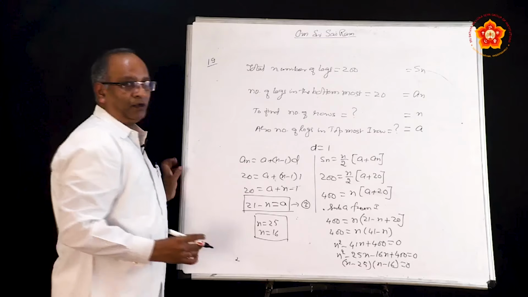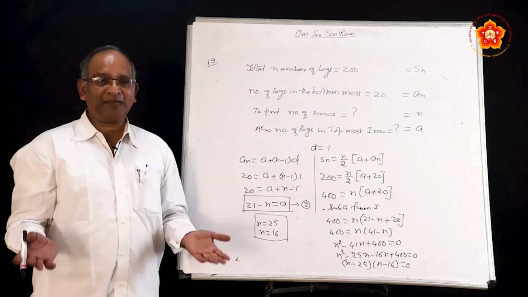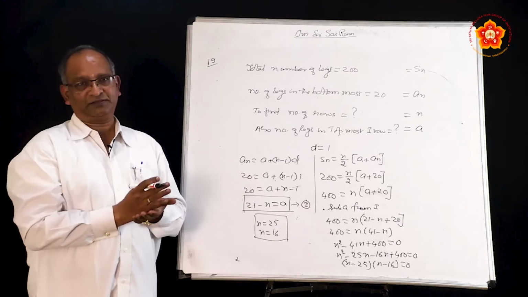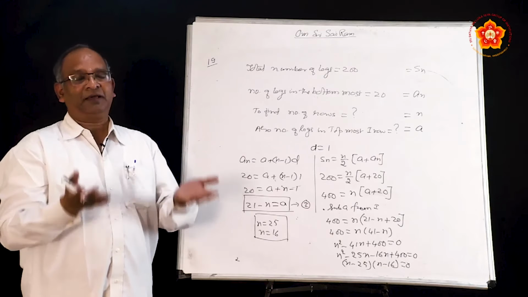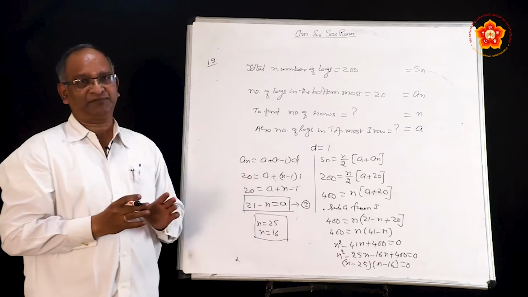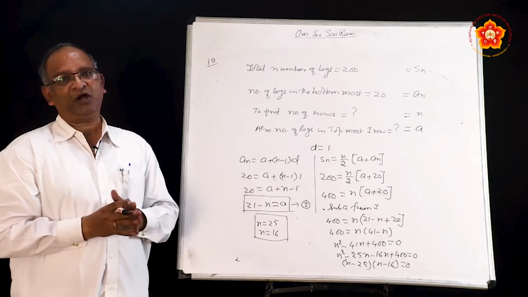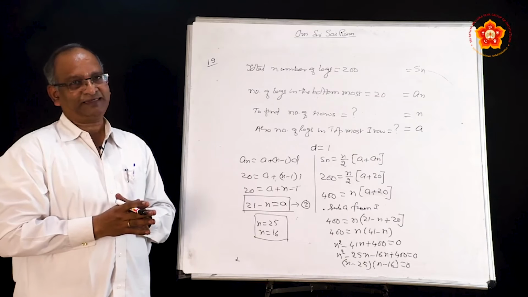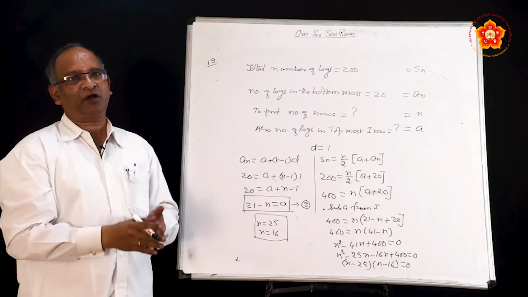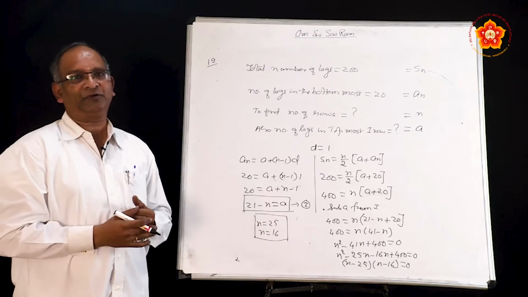The logs are being piled up. We have found out the number of rows. The number of rows has come 25 and 16. We know that there cannot be two answers for a simple reason that the number of rows which we have arranged can always be counted by anybody and the answer is going to be the same.